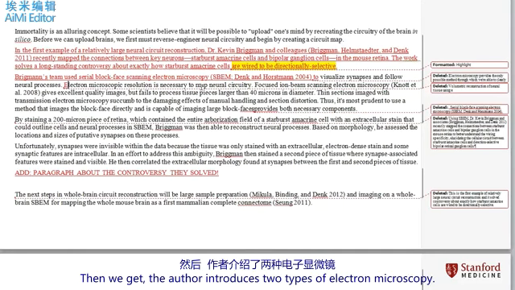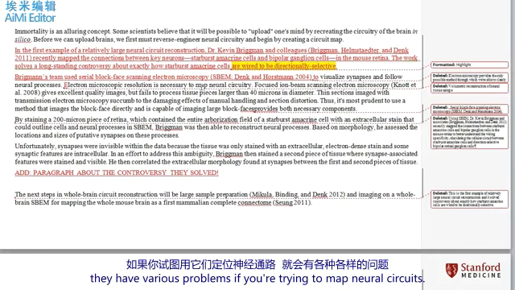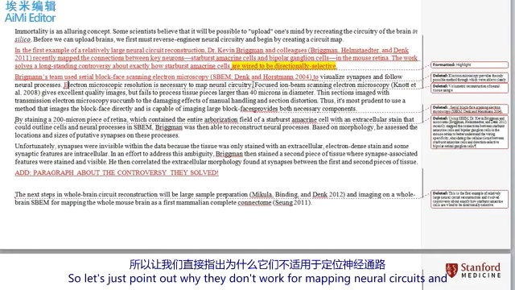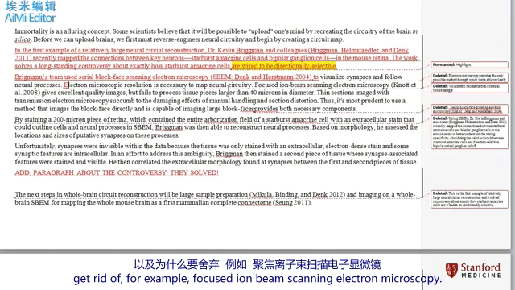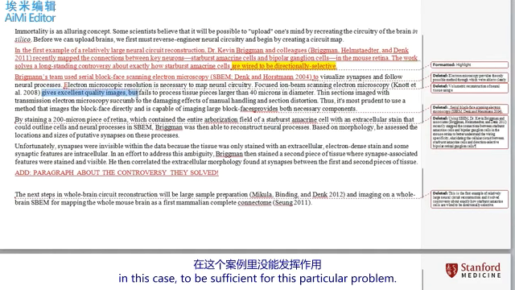Then we get the author introduces two types of electron microscopy, I think, to say, well, these types weren't used because they have various problems if you're trying to map neural circuits. So let's just point out why they don't work for mapping neural circuits and get rid of, for example, focused ion beam scanning electron microscopy. We don't need to say that it gives excellent quality images because it fails, in this case, to be sufficient for this particular problem.